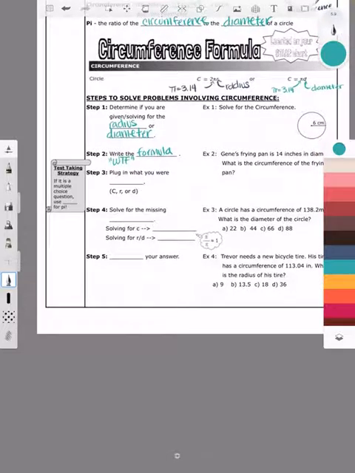Step three, you're going to plug in what you are given. Did they give you the circumference, the radius, or the diameter? Step four, you're going to solve for the missing variables. For instance, if you're solving for C, the circumference, you're going to end up multiplying.